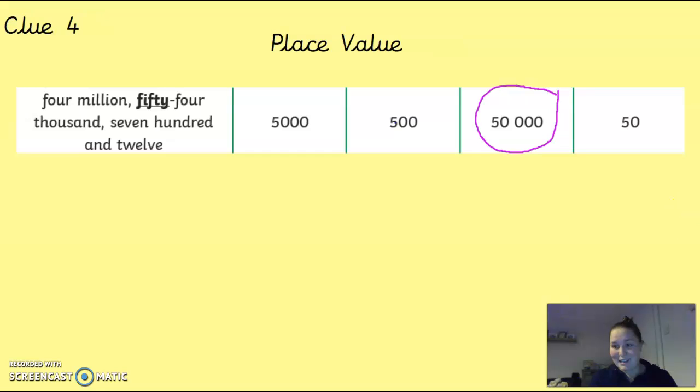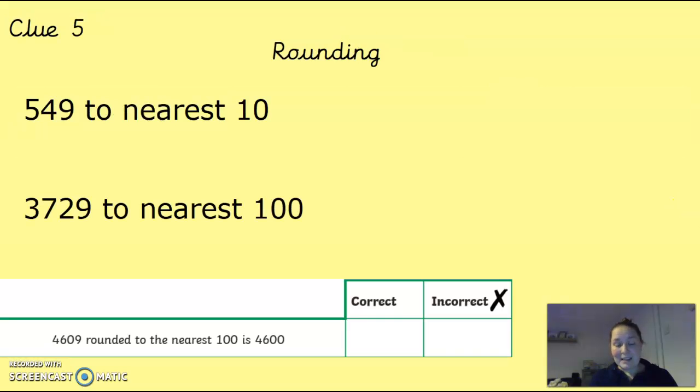Let's look at the very last clue, clue 5. This is going to be rounding and it's going to give you a statement and you have to decide whether it's correct or incorrect. So I thought I would just remind you quickly how we round with these two examples. 549, if I'm going to the nearest 10, okay, we find our number. So if we're working to tens, we find our tens number, which is that one. We look next door.